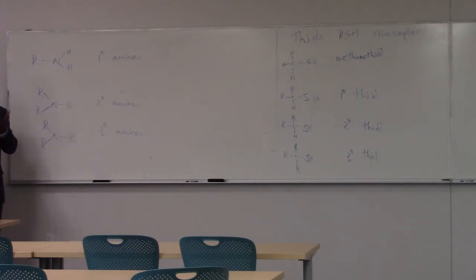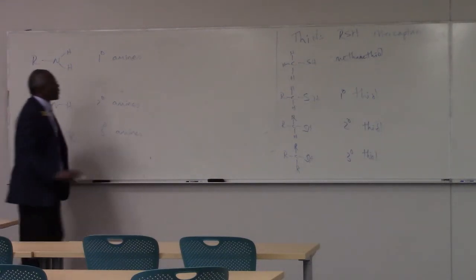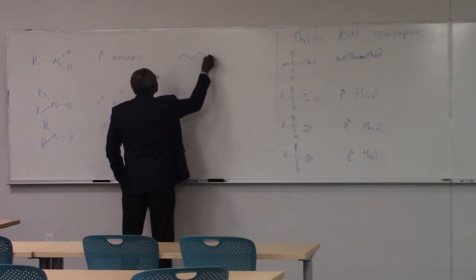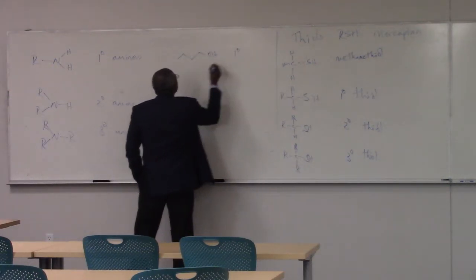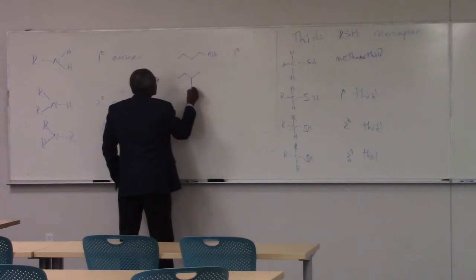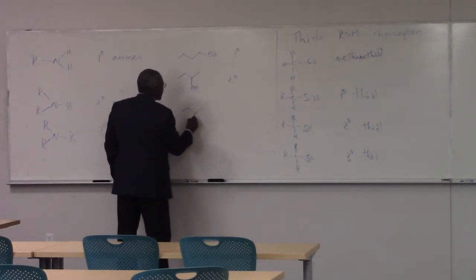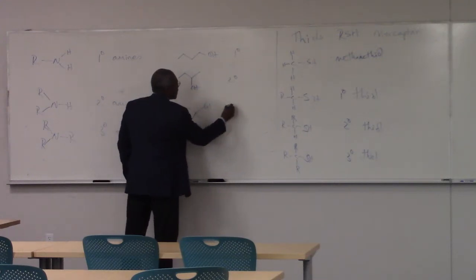Because if you recall, we classified those based upon the character of the alpha carbon. So this was a primary alcohol. This was a secondary alcohol. This was a tertiary alcohol.